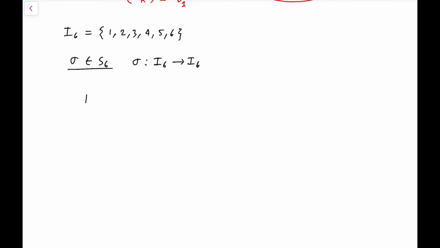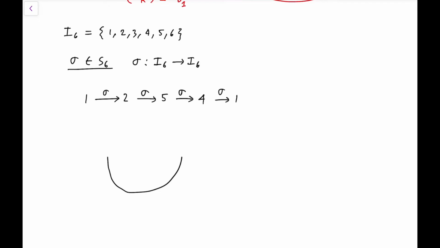And let's say under sigma, 1 is mapped to 2, 2 is mapped to 5, 5 is mapped to 4, 4 is again getting mapped to 1, and the rest of the elements are mapped identically.